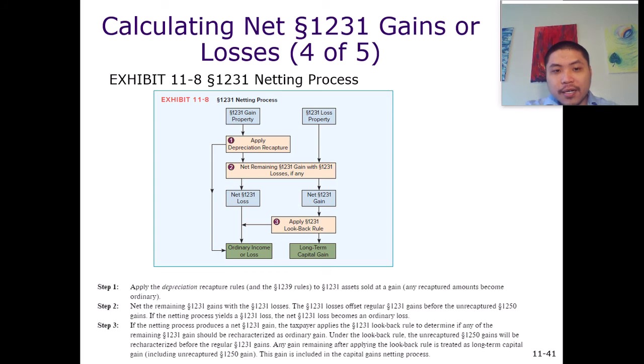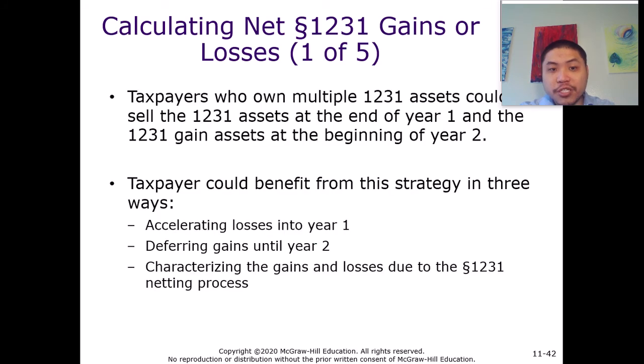So if a person has multiple Section 1231 dispositions, he or she is going to want to accelerate the disposition of the transactions that are going to result in a loss in the current year first, and postpone the disposition of the assets that are going to result in gain to later years, in the second year, right.